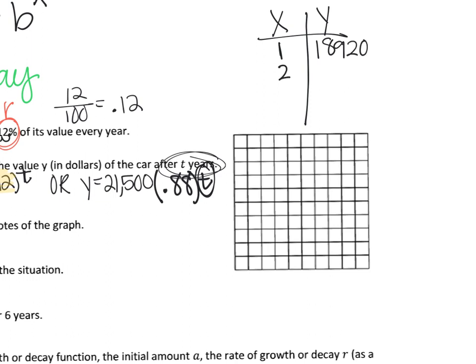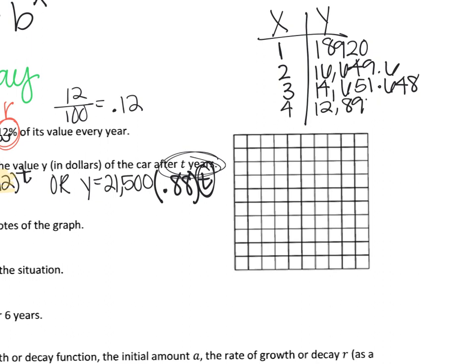If I plug in 2, I get 16,649.6. 3, I get 14,651.648. 4, 12,893.45024. 5, I get 11,346.2362112.